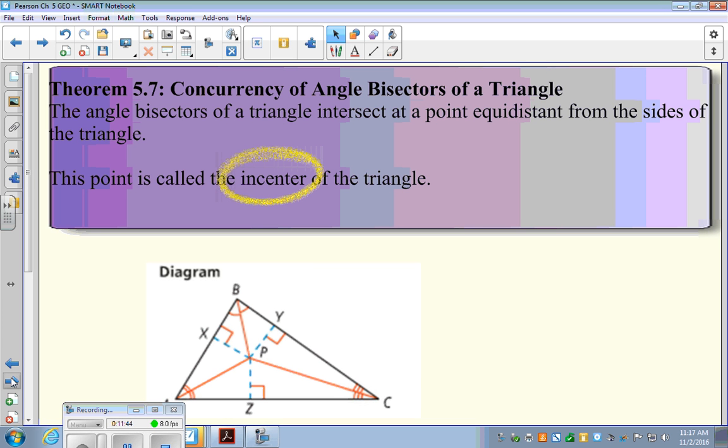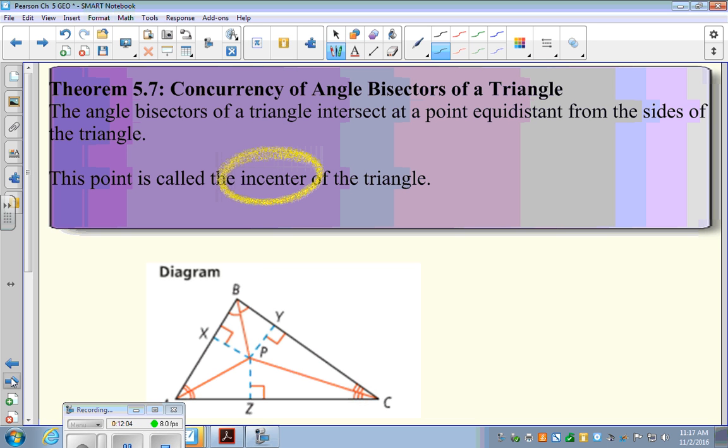Okay, we're going to add to this the idea of an incenter. So we're going to look at the angle bisectors of a triangle. It's where the angle bisectors of a triangle intersect at a point that's equidistant from the sides of the triangle.